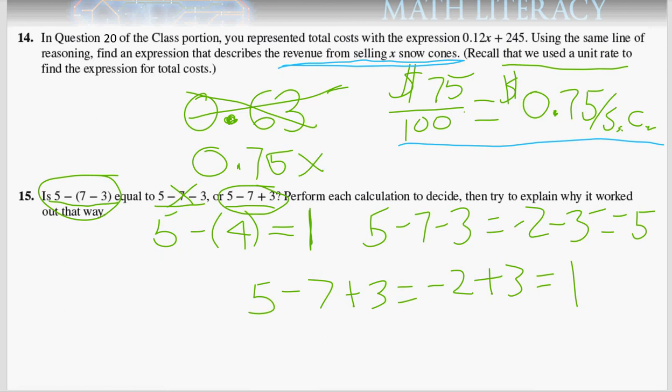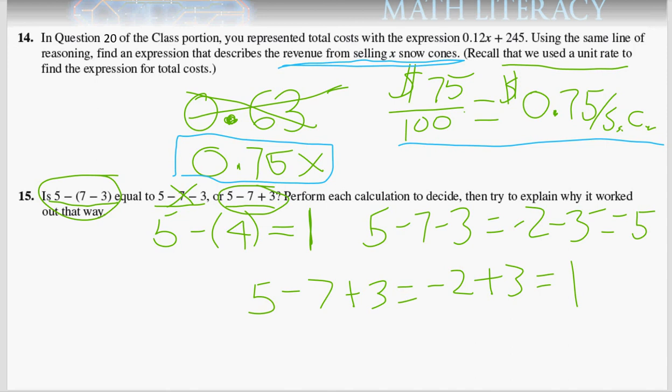So if they had said 10 snow cones, we would have multiplied by 10. But they said X snow cones, so we multiplied X times 0.75. We didn't write down an answer, we just wrote down an expression.